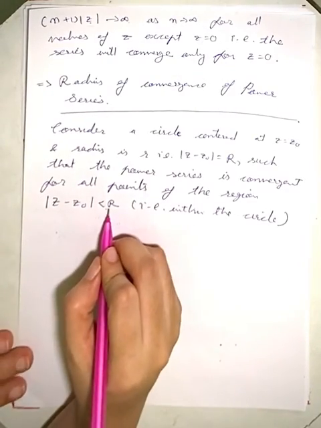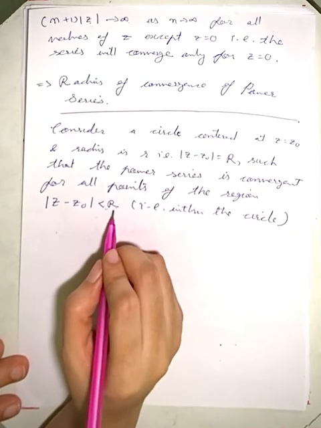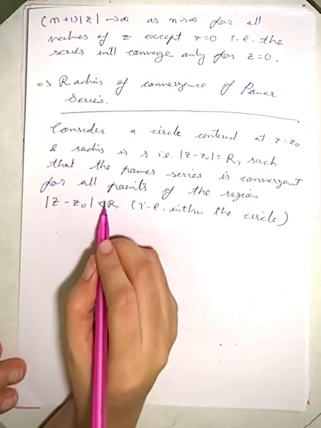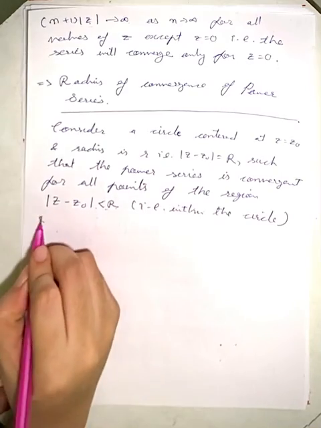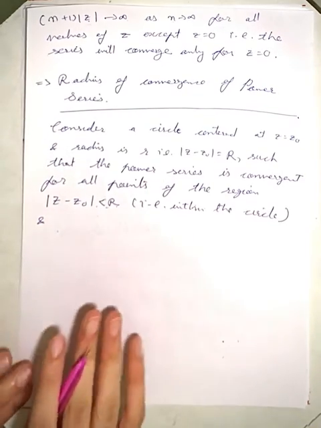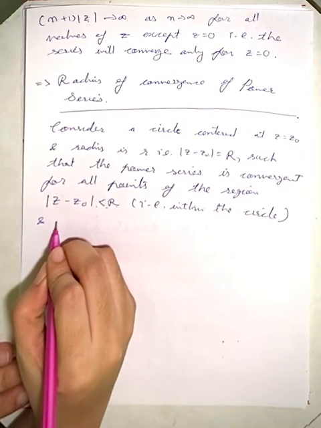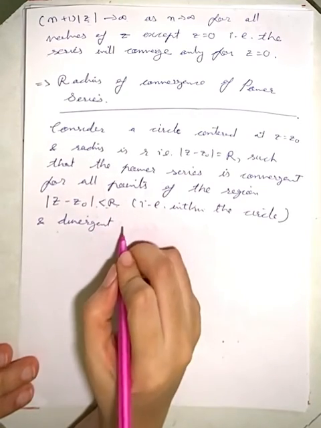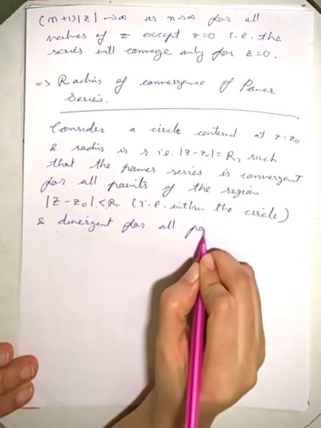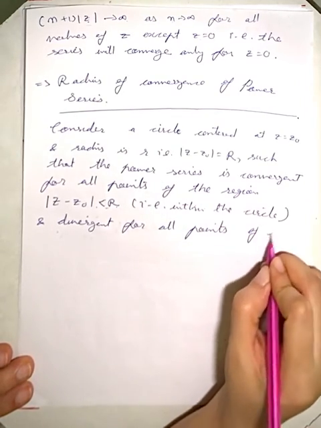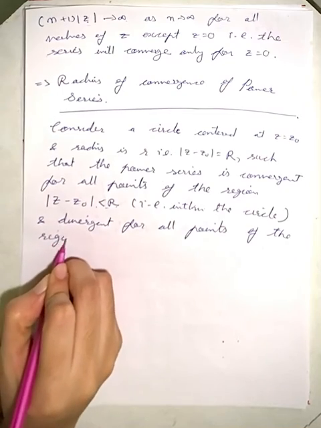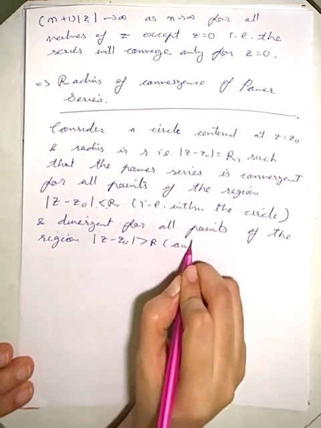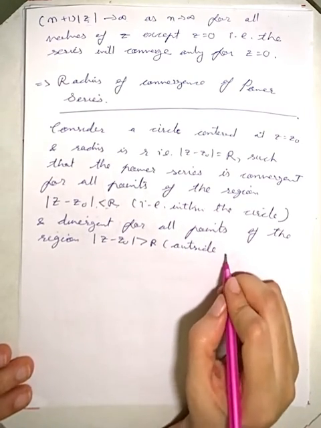And the power series is divergent for all points of the region |z minus z0| greater than R, that is outside the circle.